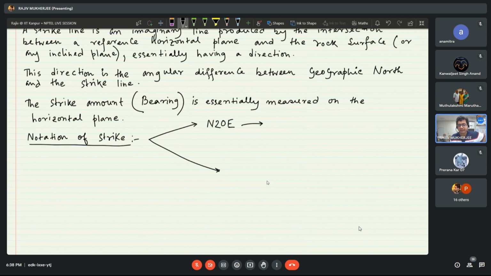That would mean if this is north and this is east, then going from north to east, if this is my strike line, then this angle would be 20 degrees, right? So this is one notation.